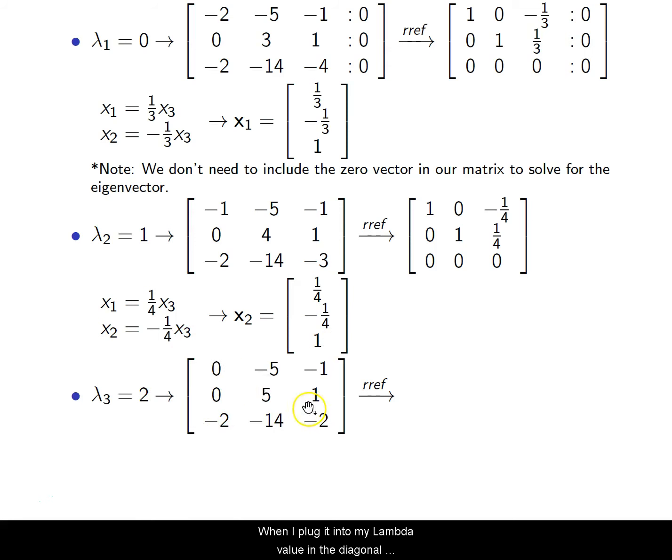When I plug it into my lambda value in the diagonal, it will reduce down to this matrix. So again, lambda is now 2, so 2 minus 2, 2 plus 3, and 2 minus 4 is how I got these, right?